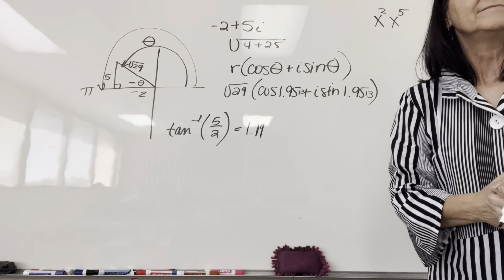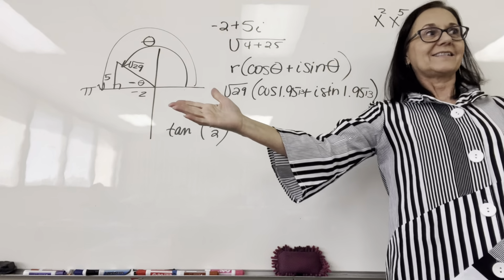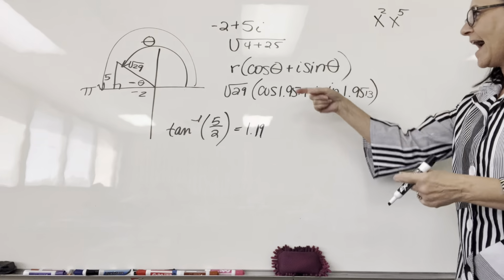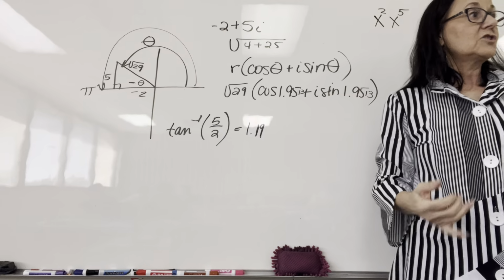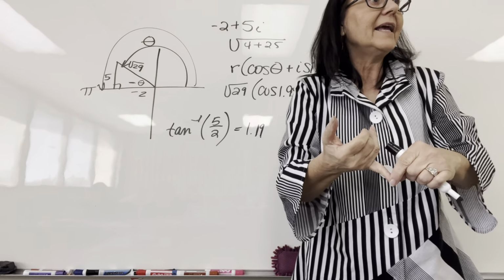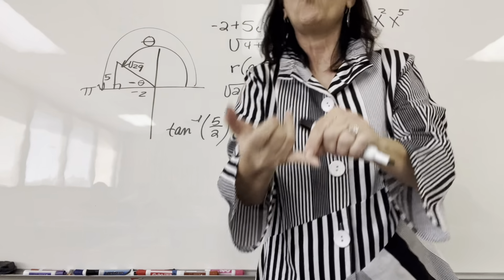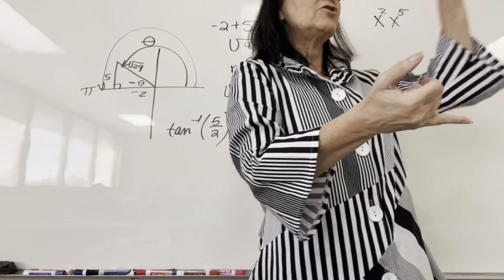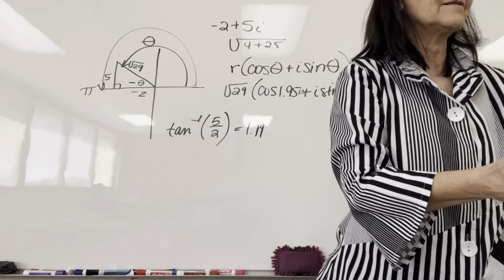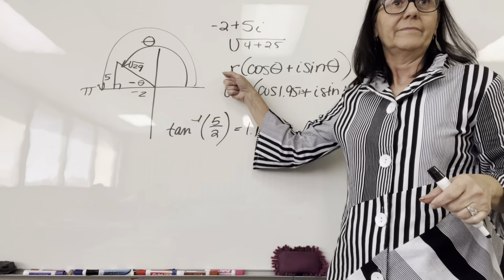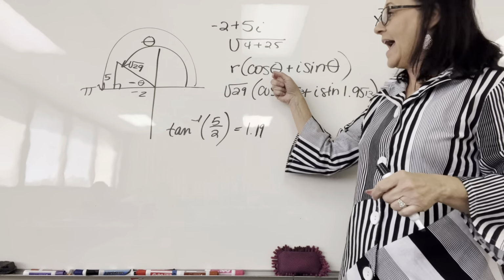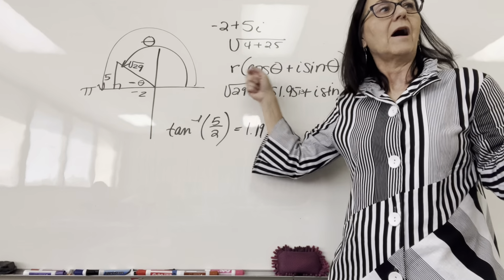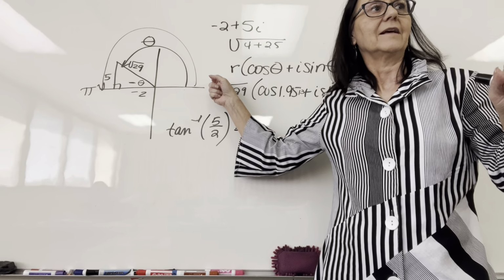Division is subtraction. When we are multiplying polar forms, we're going to add our thetas and multiply our moduli.